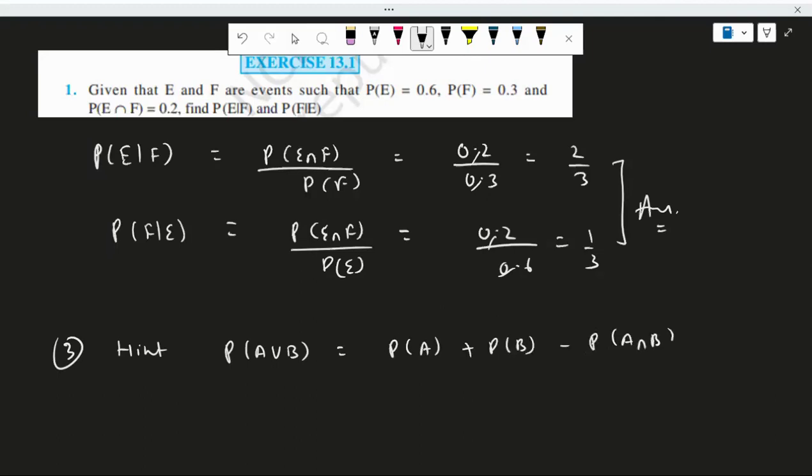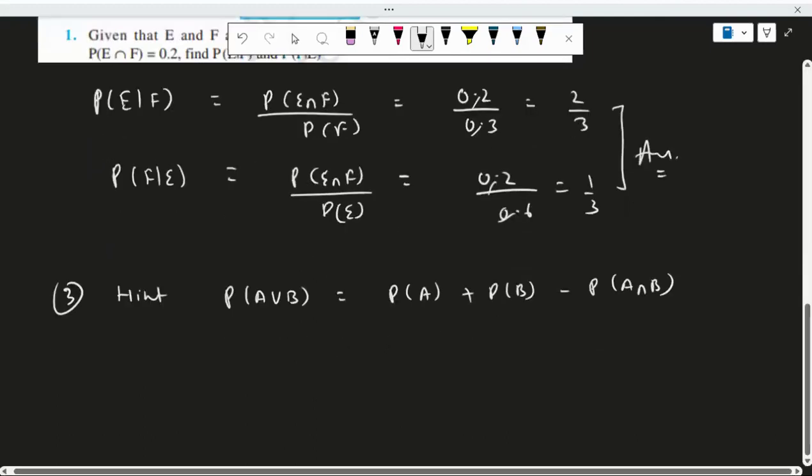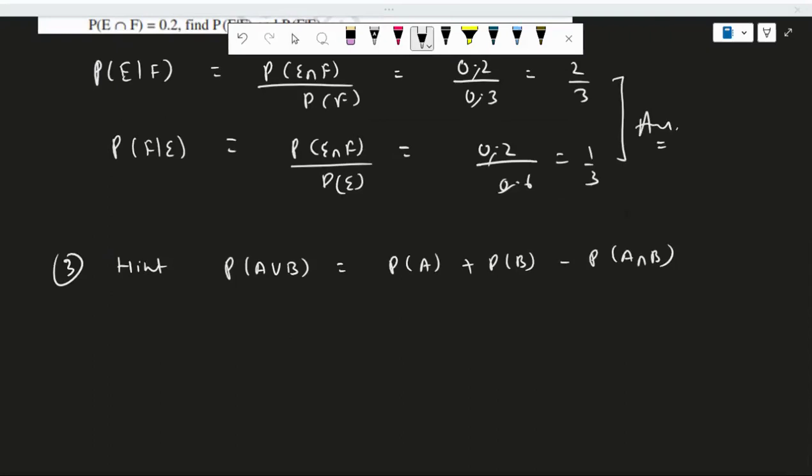This is the formula for P(A union B). You need to use that in the third part. It is not just adding. P(A) plus P(B) minus P(A intersection B).